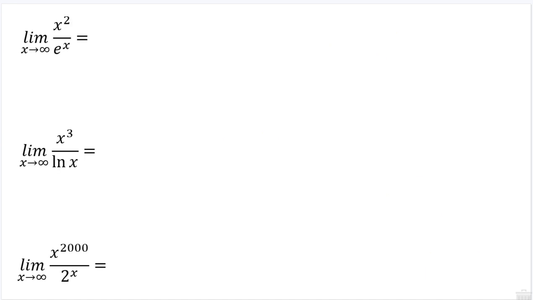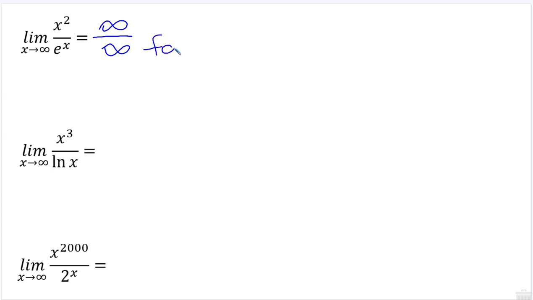And that will allow us to work with some functions like these, where if I plug in infinity to x squared over e to the x, I get infinity over infinity, which is indeterminate. But I don't have a good algebraic way to deal with this. I just have to think about my little chart that I just made. Which of these things gets bigger faster?